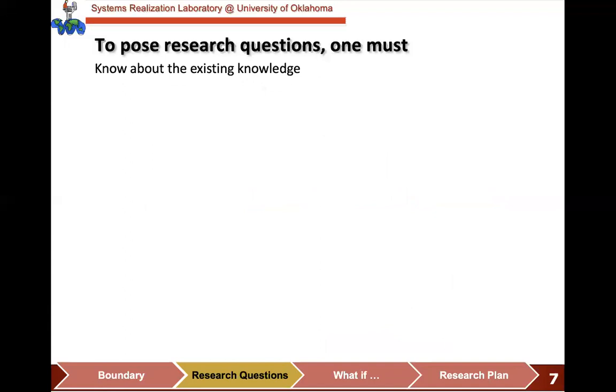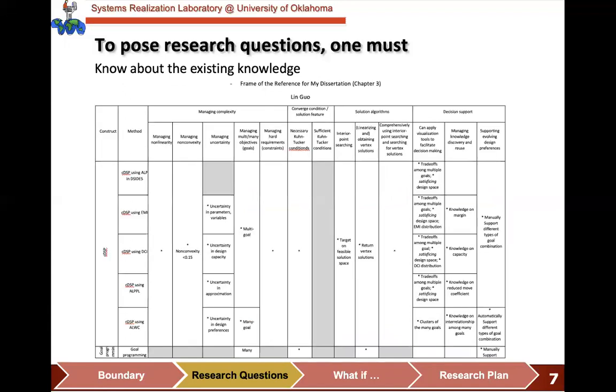And second, know about the existing knowledge. This is the literature review of some existing methods in this field. And I identify the methods in this column, in the second column from the left, and the second row from the top are the functionalities that we expect those methods to have.